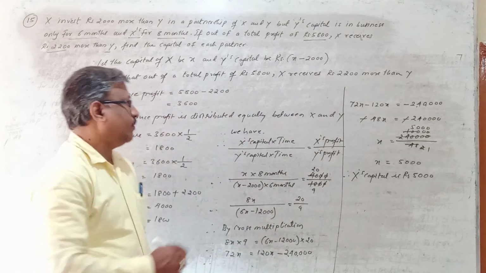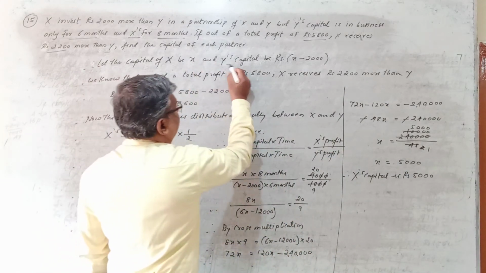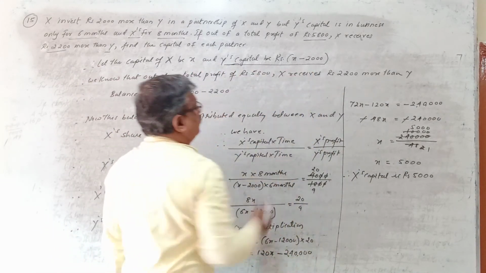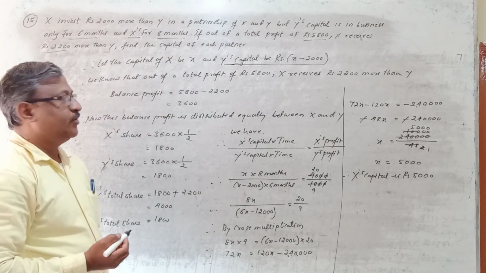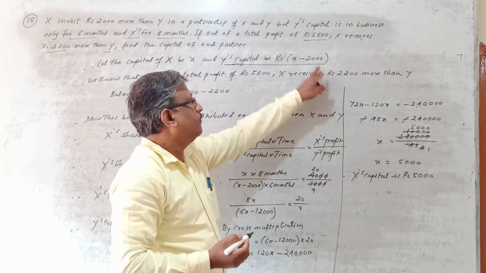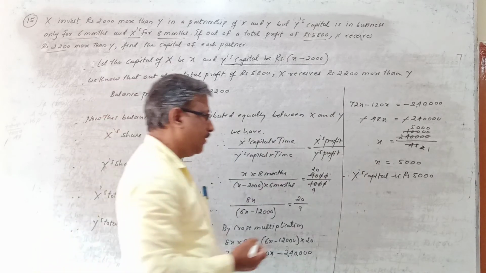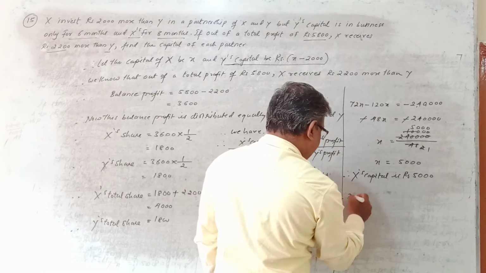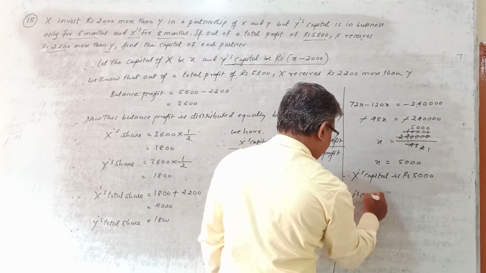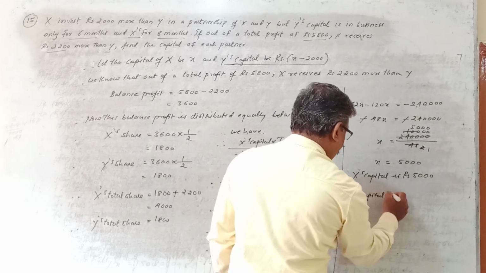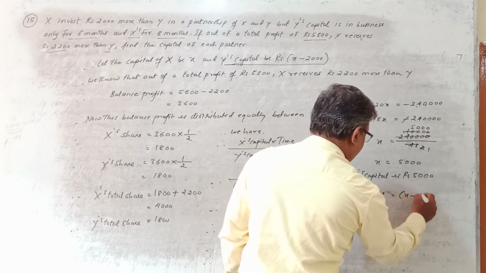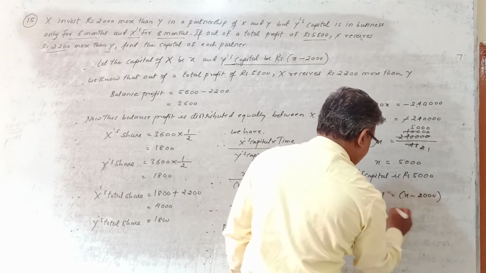So if x's capital is 5,000, I want y's capital. Y's capital we have assumed as x minus 2,000. Means from this x value, if we minus 2,000, we get y's capital. So now you have to calculate y's capital. Therefore y's capital is equal to x minus 2,000.